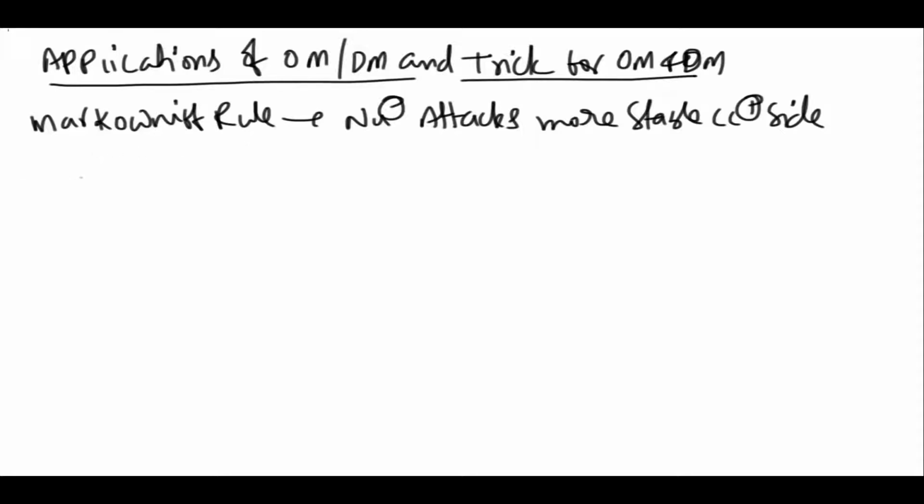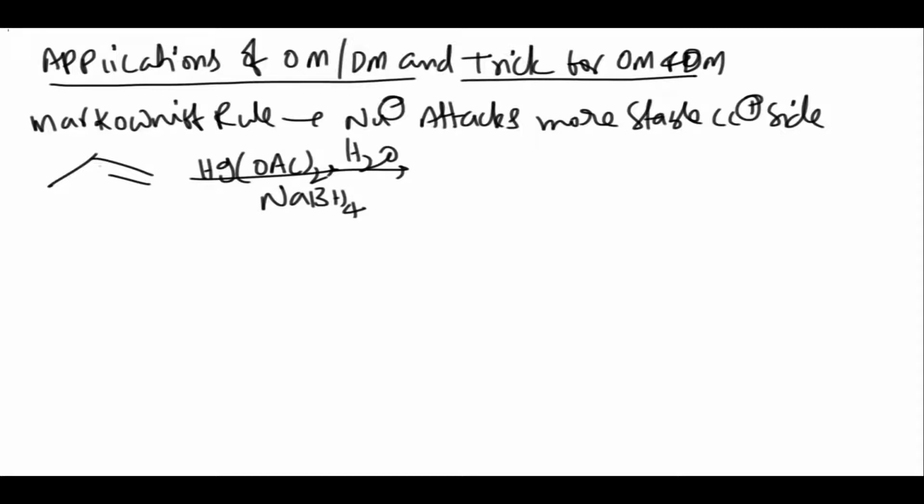So you just see the application like this. This is treated with HgOAc twice, then water, then NaBH4. The same example I explained. The trick: for the double bonded carbons, you just make dots.